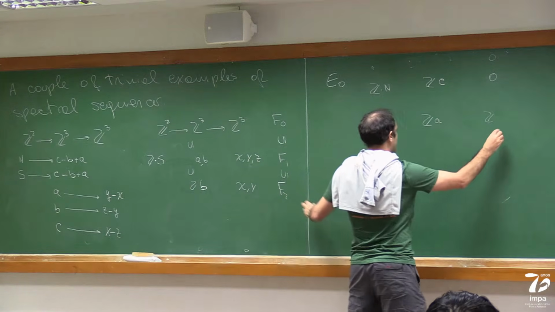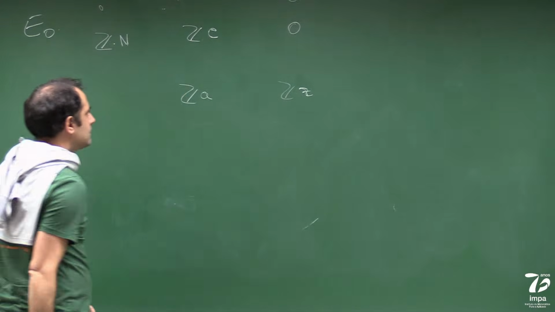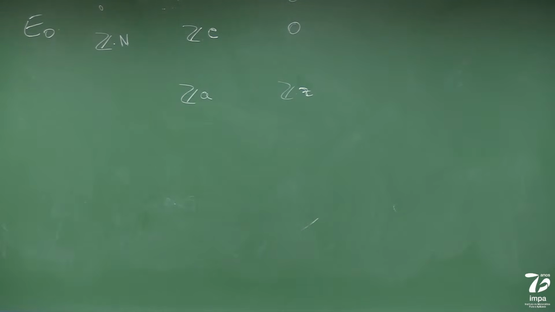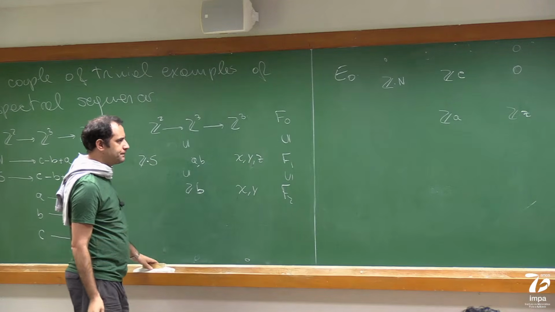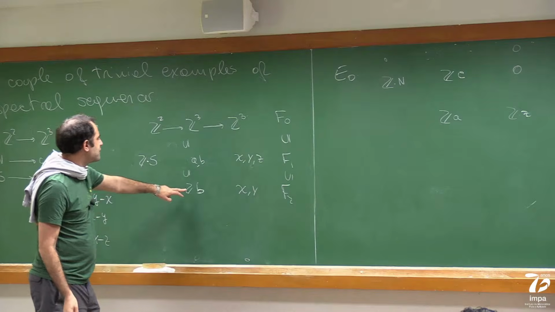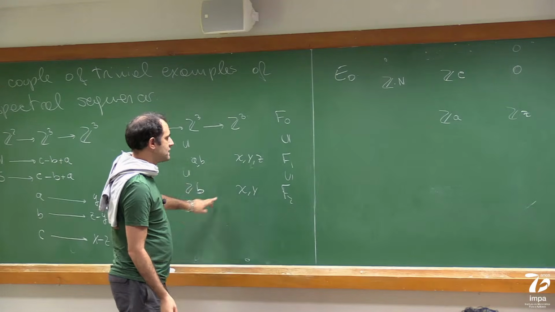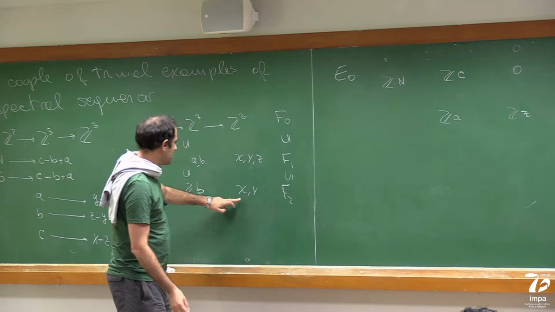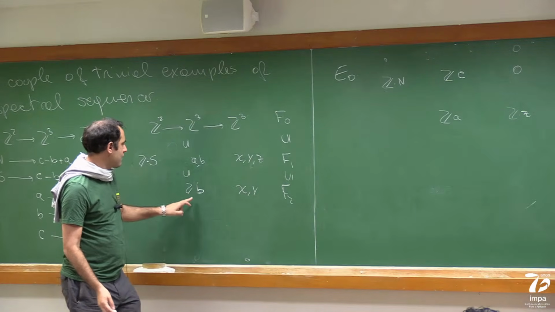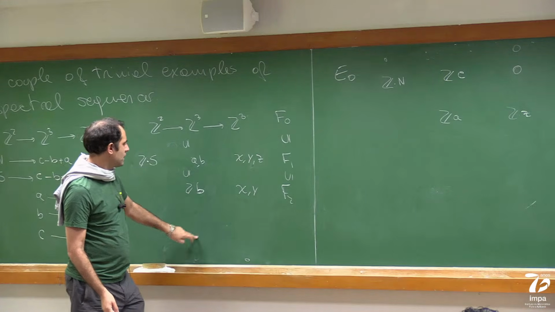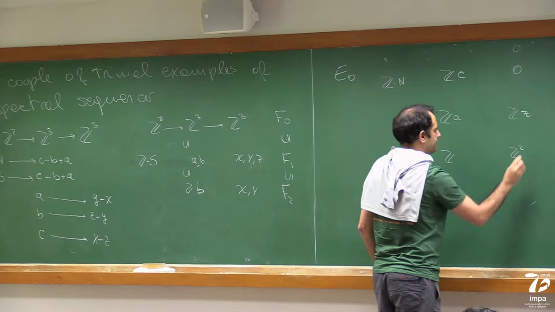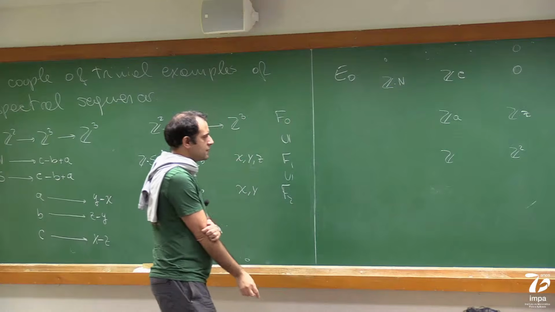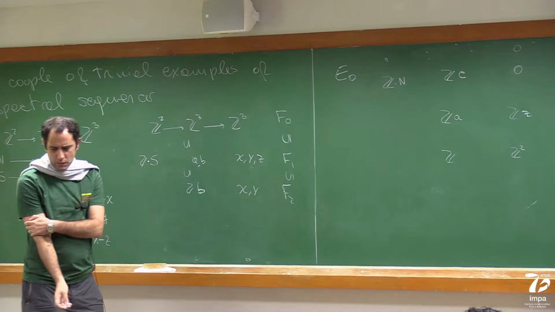And for this guy, I'm going to have Z surviving. Probably I wanted to keep A here and have B. Looks better, but it doesn't matter. That's what it is. And then F2 divided by the next one has a Z2. So if I look at F2 divided by 0, it's going to have a Z at the bottom and a Z2 in these degrees. So we'll have to fix those two.